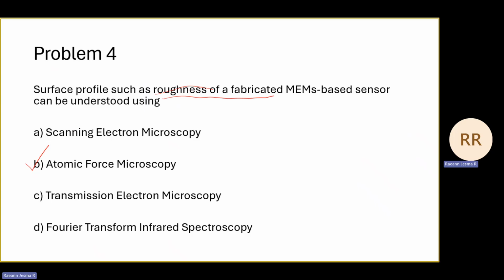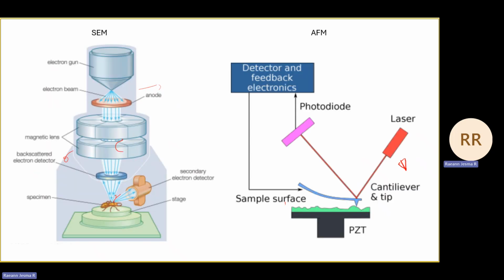We sense the displacement of the cantilever by shining a laser light on the tip of the cantilever, and the reflected laser light is then sensed using a photodiode. This gives us the displacement of the cantilever. Then this is also given to some feedback electronics, and that is used to actuate the cantilever.